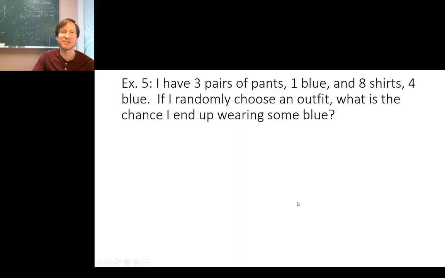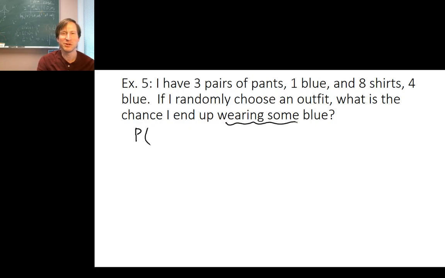So let's look at some examples. If I have 3 pairs of pants and one of those pairs is blue, and I have 8 shirts and 4 of those shirts are blue, if I randomly choose an outfit, what's the chance I end up wearing some blue? So let's try to describe what this event is, first of all.